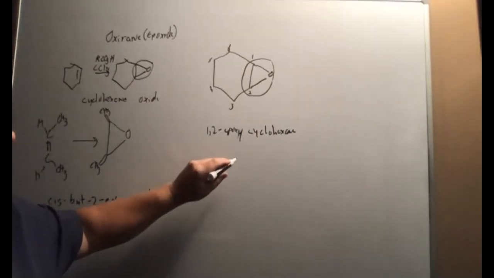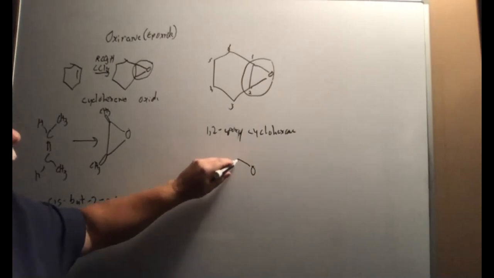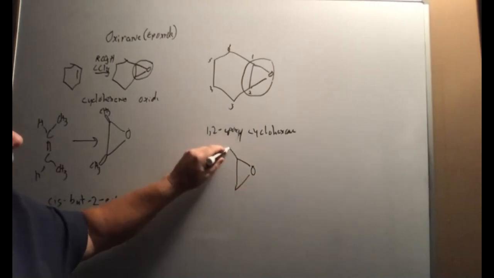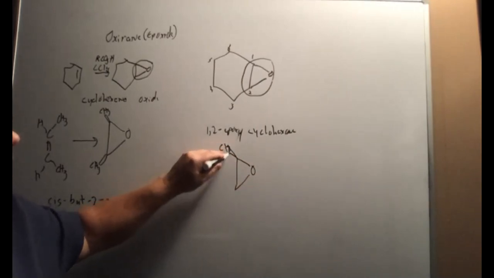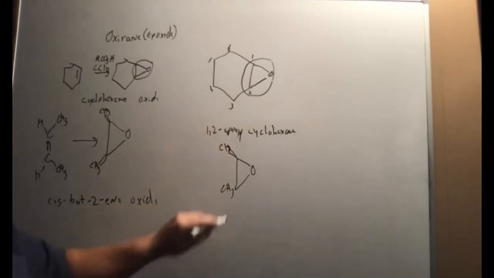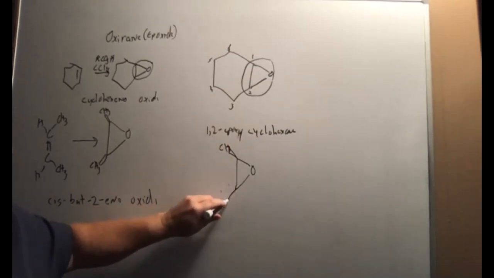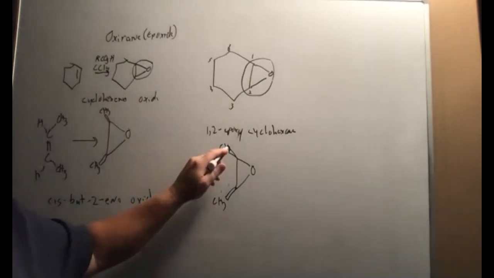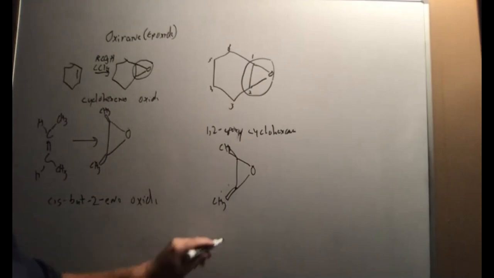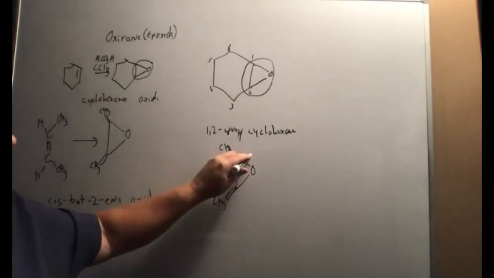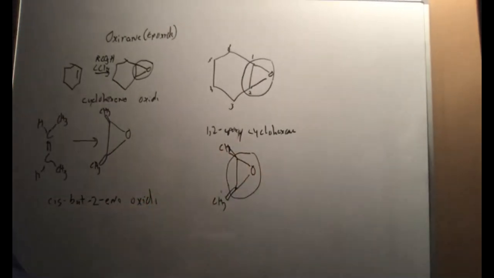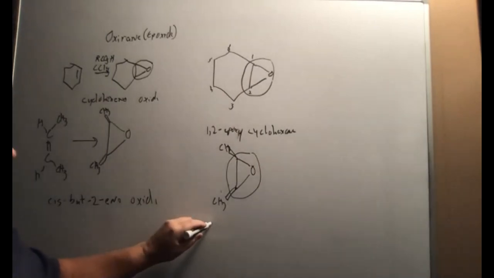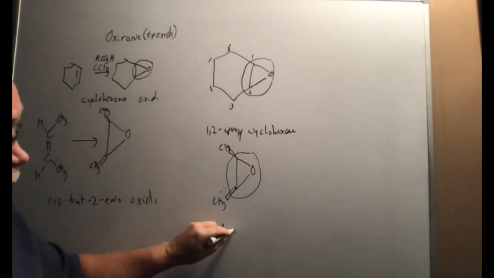So if we wanted to name this same compound over here, doing the same thing, how would we name it? Again, this is butane, okay? So this is my epoxy group. So again, it's going to be 2,3-epoxy.